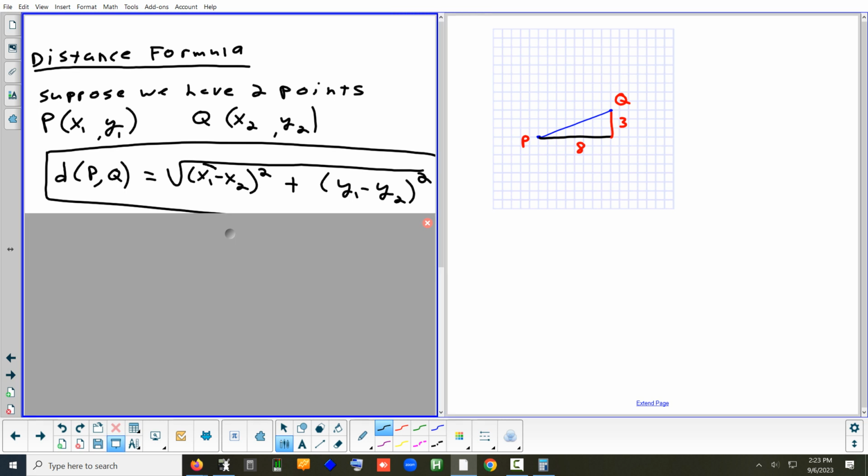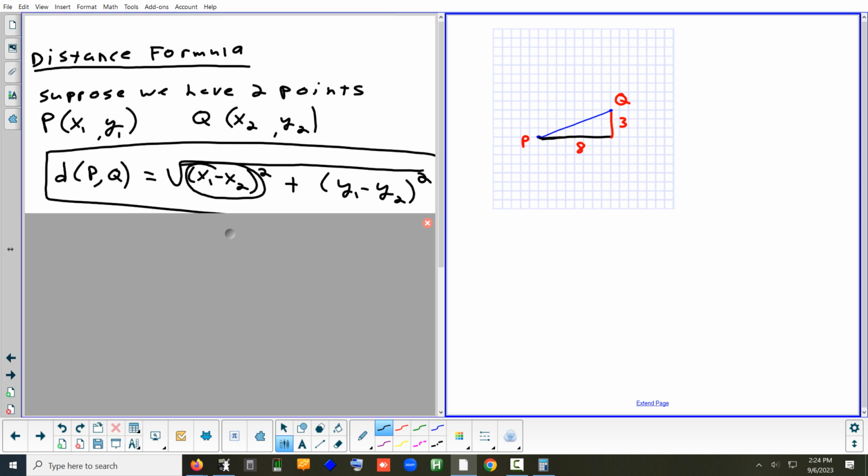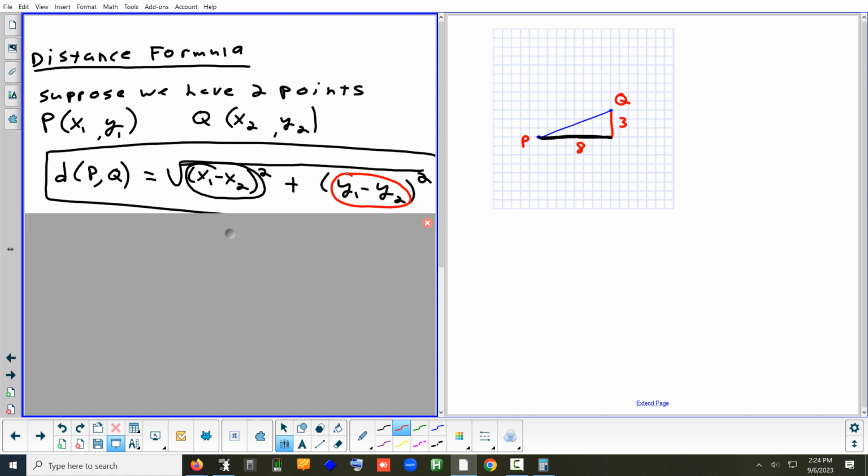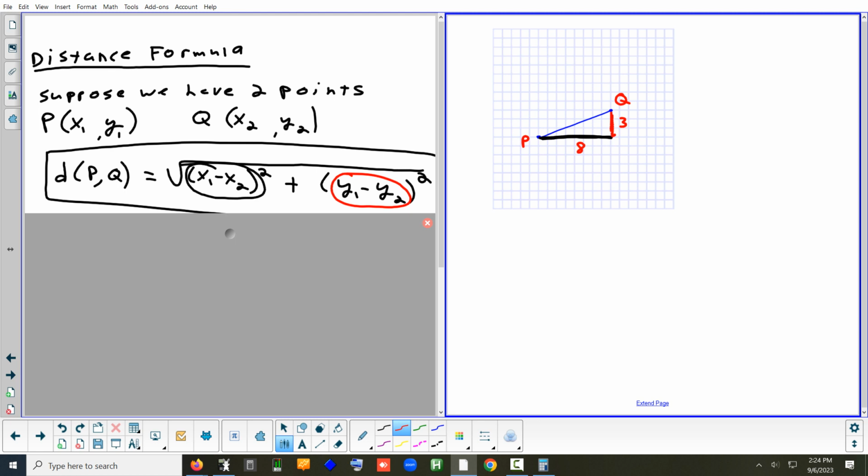This part right here, x1 minus x2, x's are horizontal. That gives you this. That's x1 minus x2. This part right here, y1 minus y2, y's are vertical. That gives you this part right here.